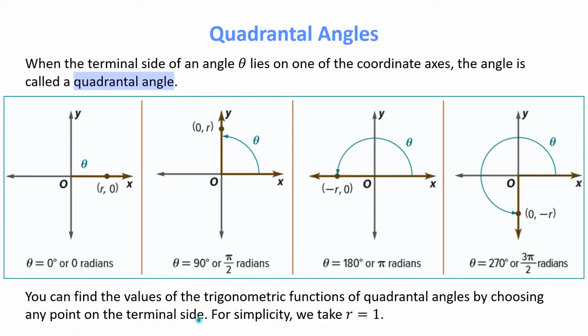So let's think about this. Well, we have x, y, and of course, we have r, because one of x or y will always be 0. If we look at all the examples, one of x and y will always be 0. So r is easily given. So for simplicity, if we take r equals 1, then all the problems will reduce to simple equations.